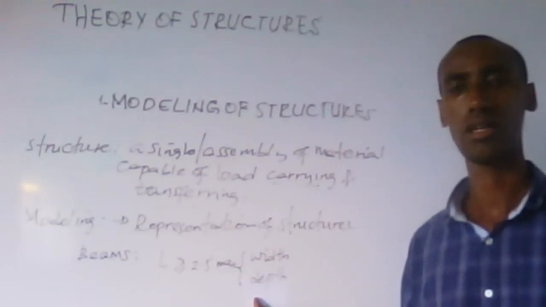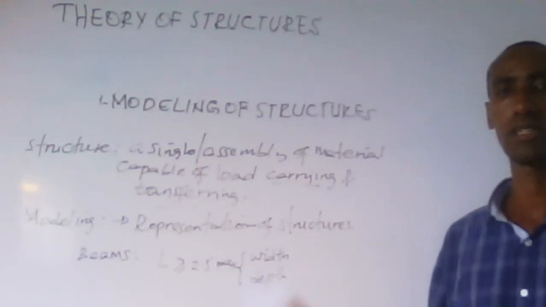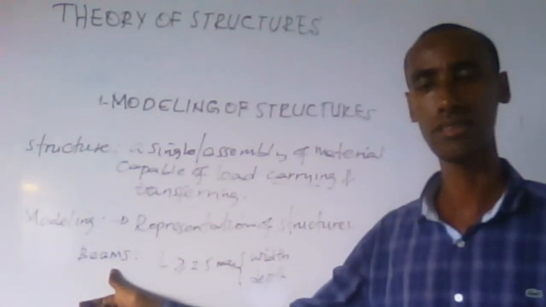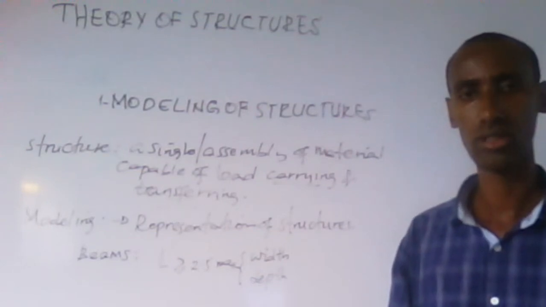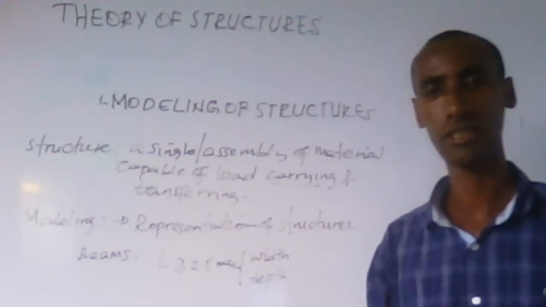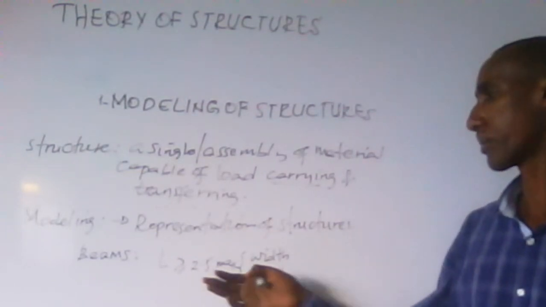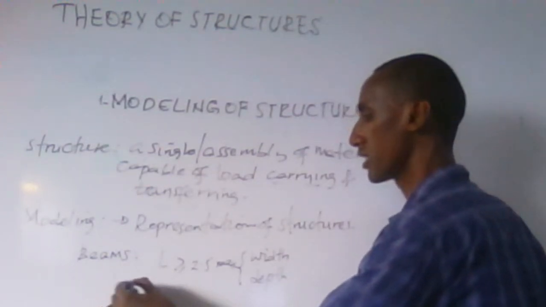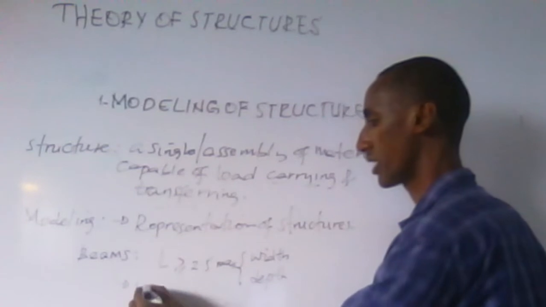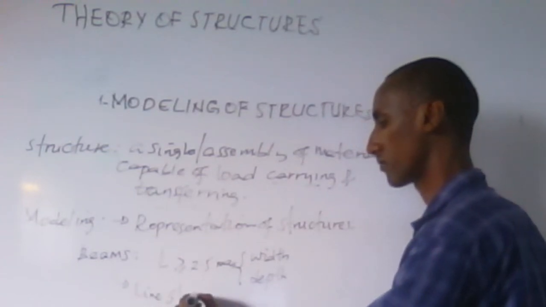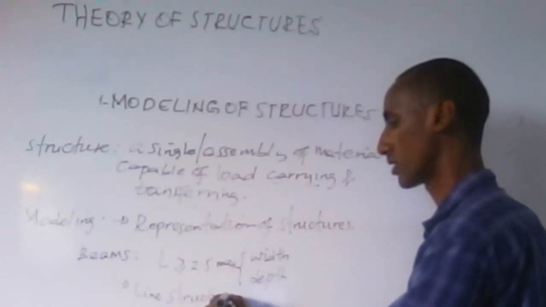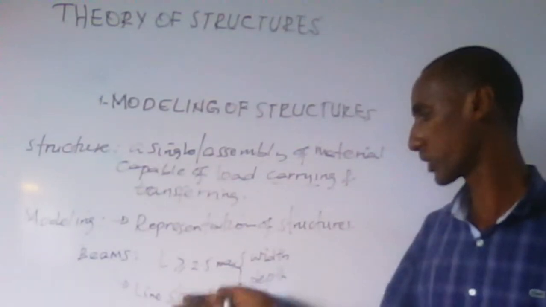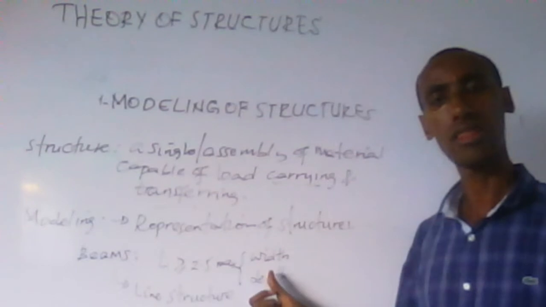So it is a 3D structure, but in representing these structural elements, either in software or in manual calculation, we represent it as a line structure. When we are drawing beams, usually we ignore their width and depth.